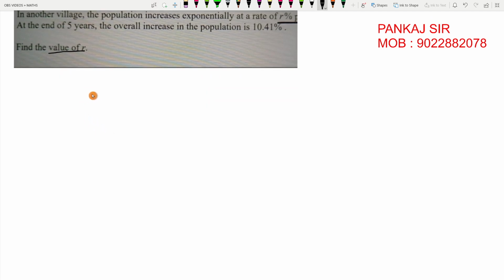Fine. So the question says that the population increases exponentially at the rate of R% per annum.